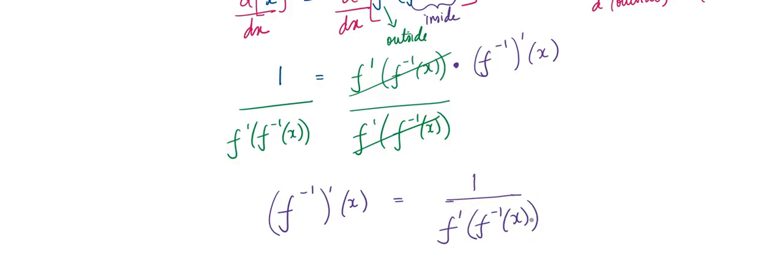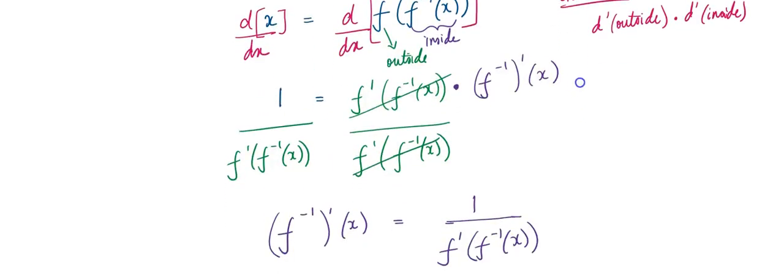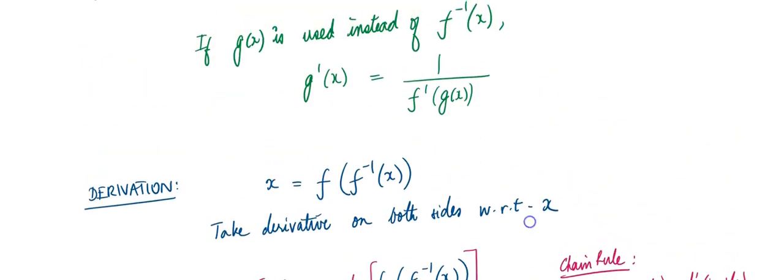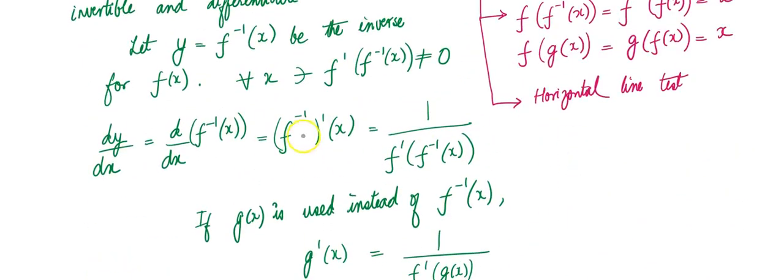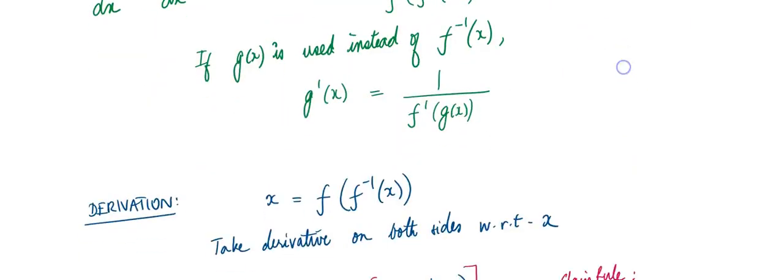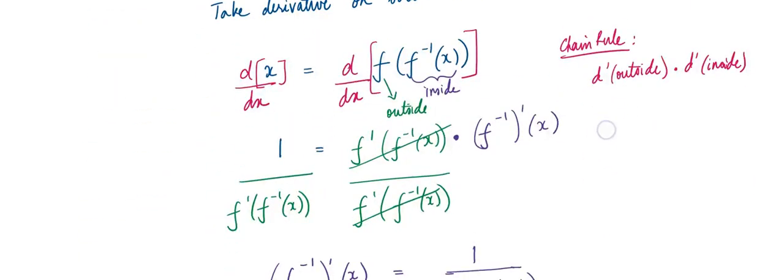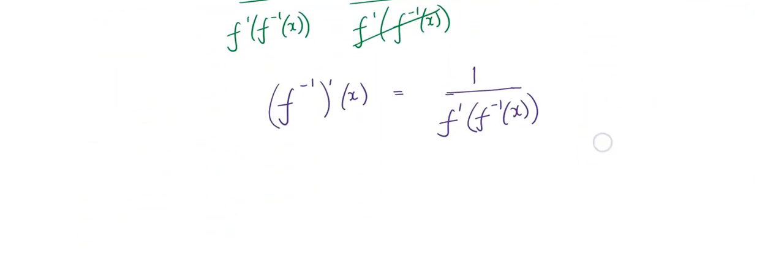And this is the inverse function theorem. If you take this and compare it to the formula that we just wrote as part of the theorem, they match up. So the derivation is fairly simple, very easy. It's just taking the property of inverse functions and finding the derivative on both sides.